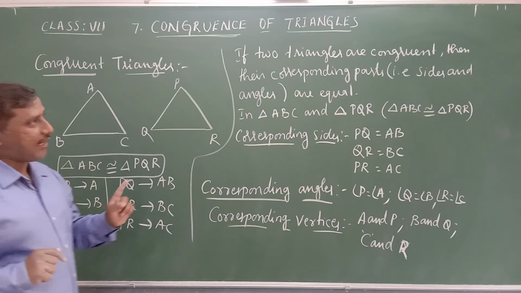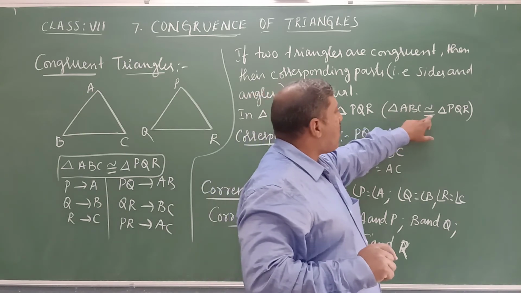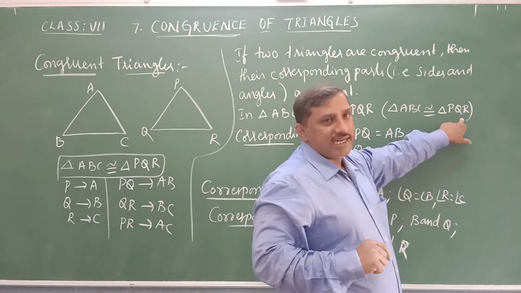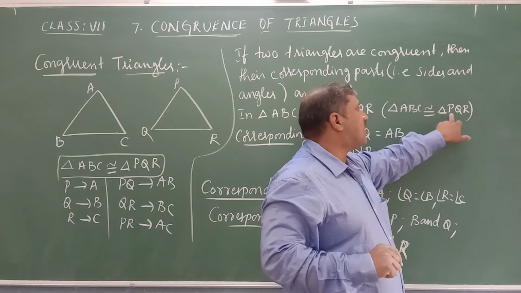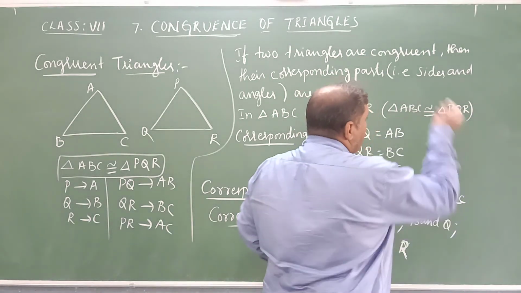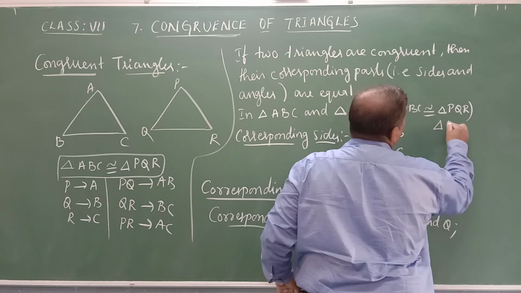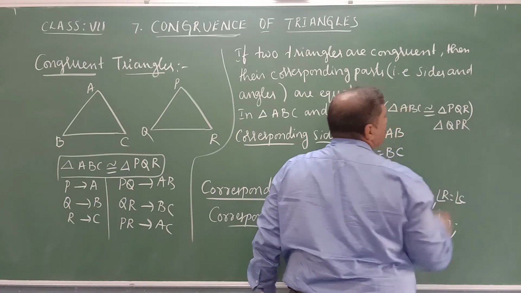Here, triangle ABC is congruent to triangle PQR. The order of vertices matters. It may be congruent to triangle QPR or it may not.